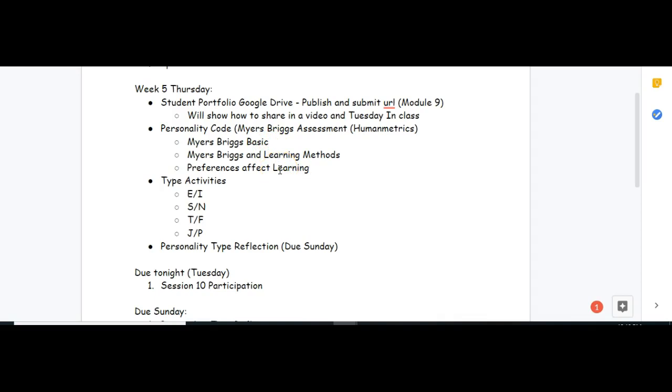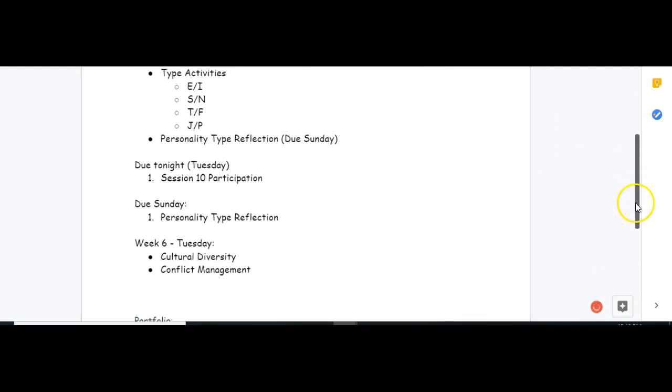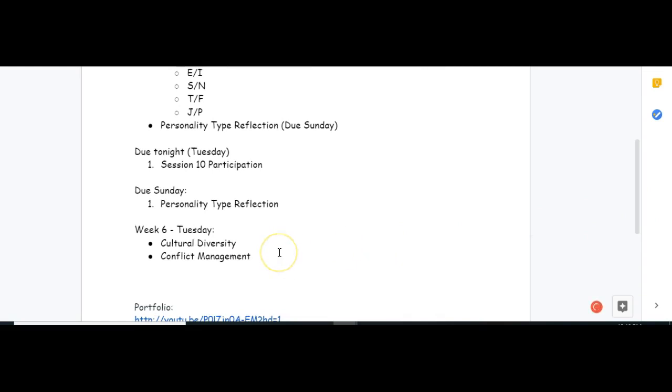On Tuesday of next week, we're going to do some Myers-Briggs activities to start the day off. We are then going to look at cultural diversity and conflict management, which tie right into Myers-Briggs, because cultural diversity is not only a difference in where we were born and how we were raised, but also in how our personalities develop.